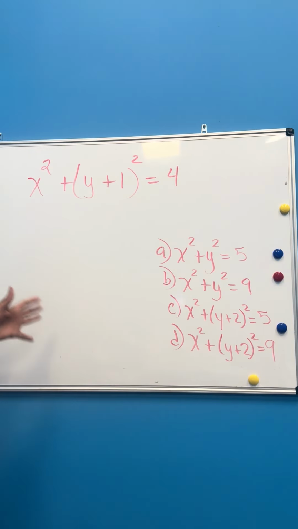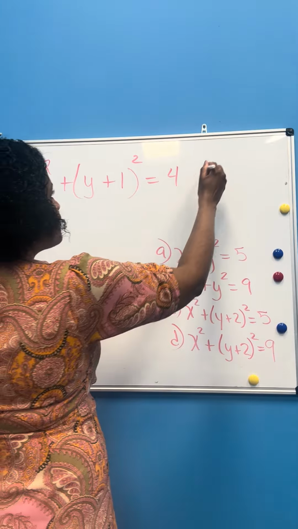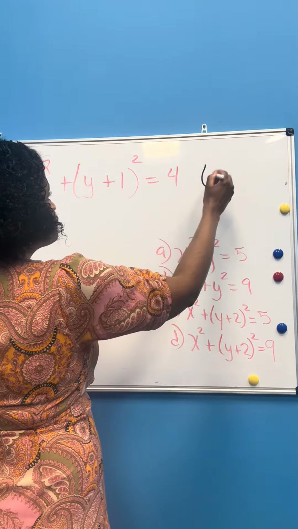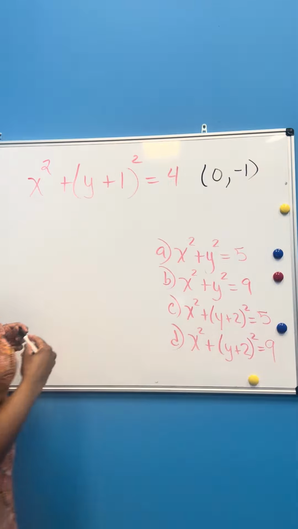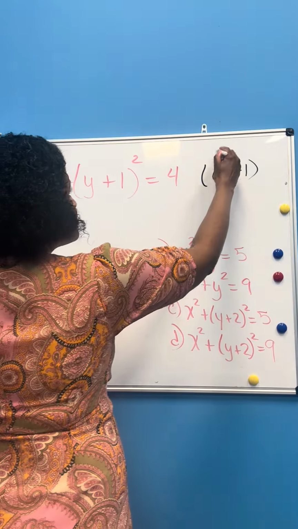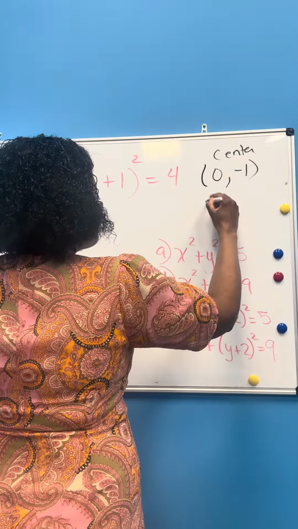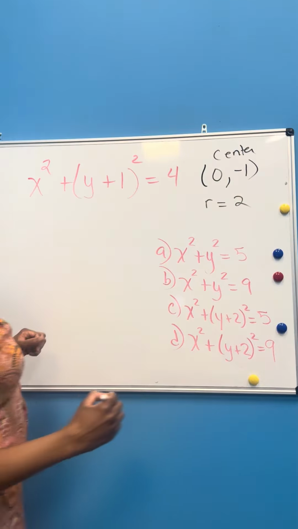So this one, you're given an equation, and on the test you of course will do this very quickly, but we understand that the center of this particular circle is (0, -1) and the radius is 2.